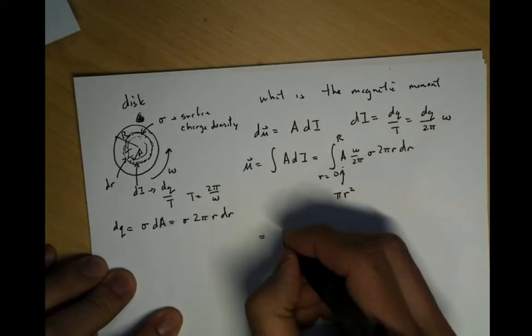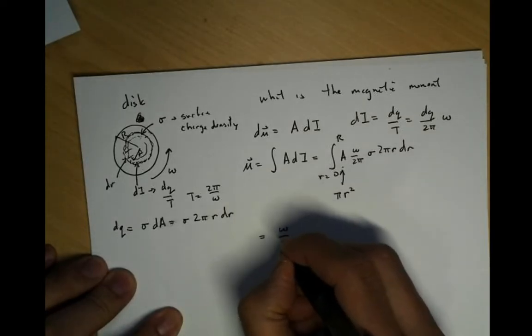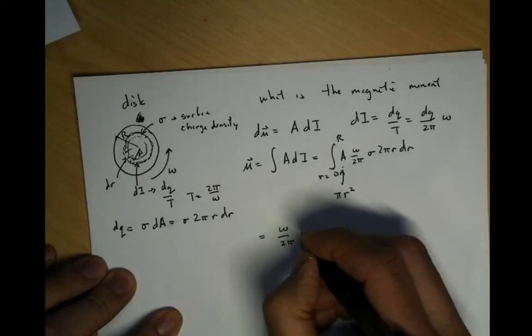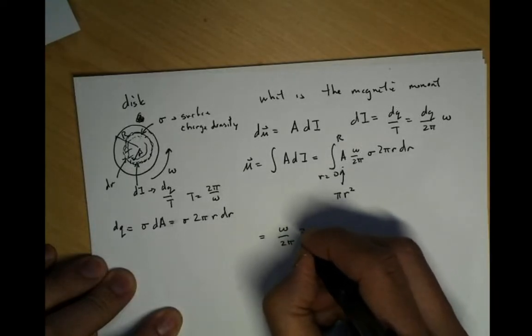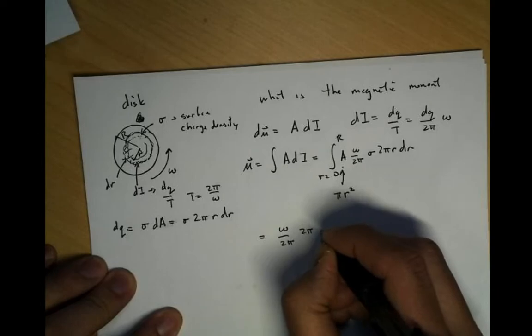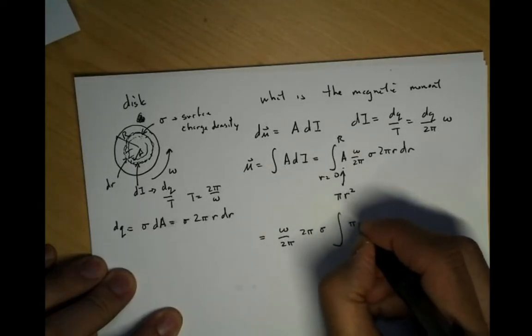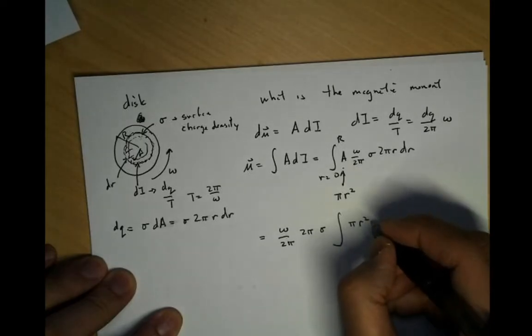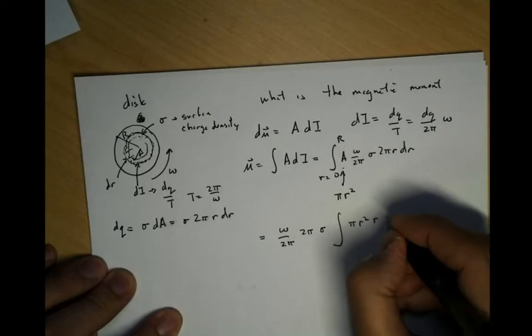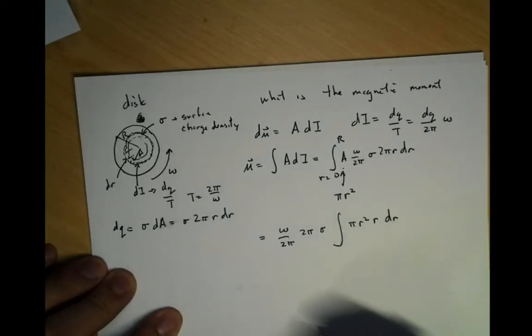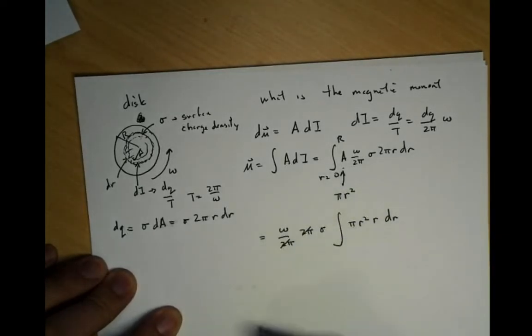This is going to be equal to omega over 2 pi, and 2 pi here again, there's a sigma, integral of pi r squared, r here again, dr. Lo and behold, the 2 pi's cancel each other.